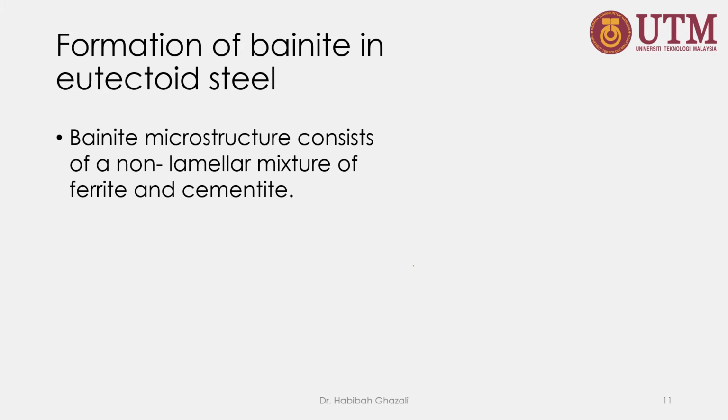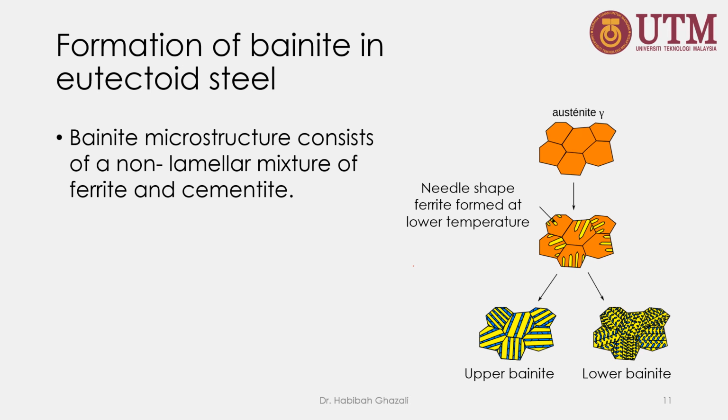So you would expect your final microstructure will consist of lamella of ferrite and cementite sitting next to each other. Whereas for bainite, what happens during the transformation is that ferrite will transform first. So at lower temperature, the needle-shaped ferrite will start to transform. And when you hold it at that temperature, this needle shape will grow bigger and bigger.